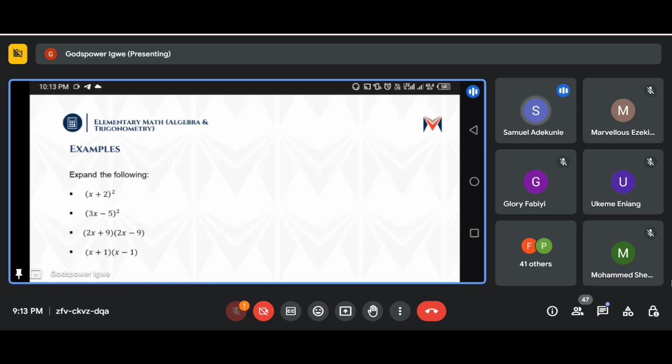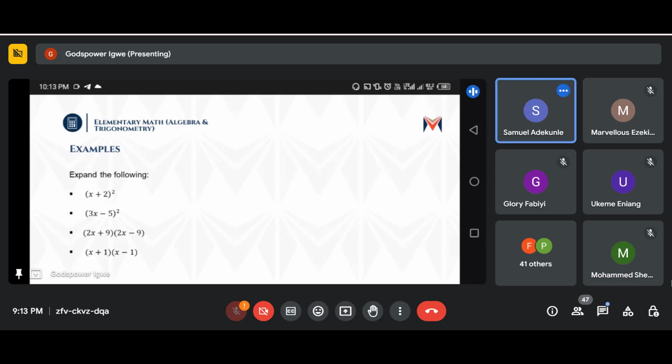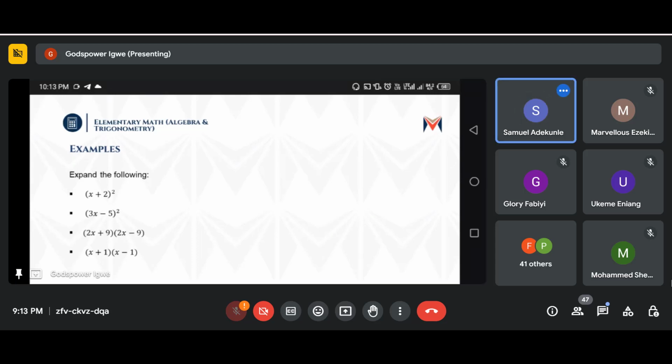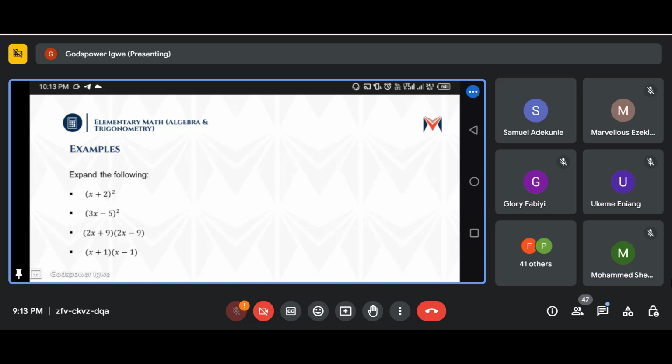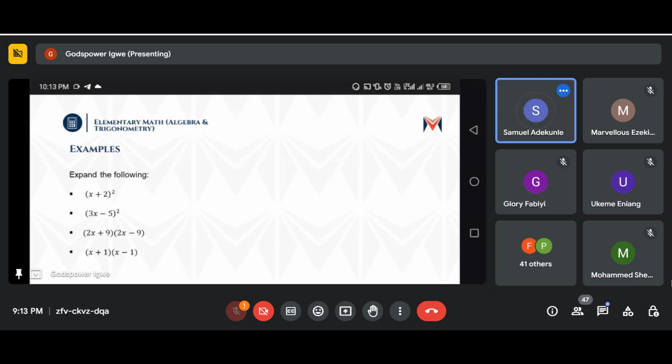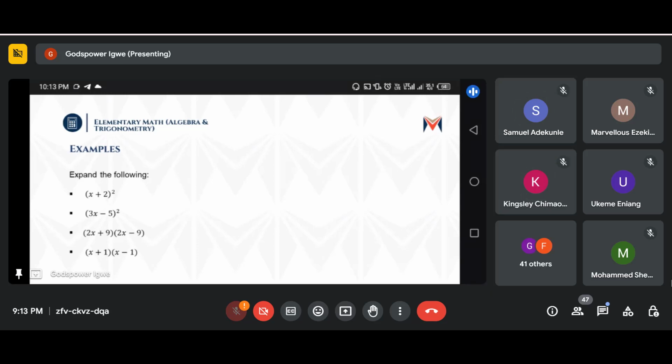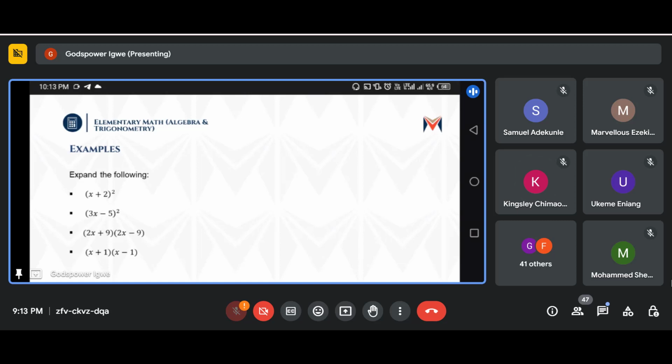It's in the same form. Here we have (3x minus 5) squared. So the first term will be 9x squared. Then the second term is going to be minus 30x. That's 2 times 3x, which gives us 6x. No, it is minus 2ab. Yes, it will be minus because of the sign inside.